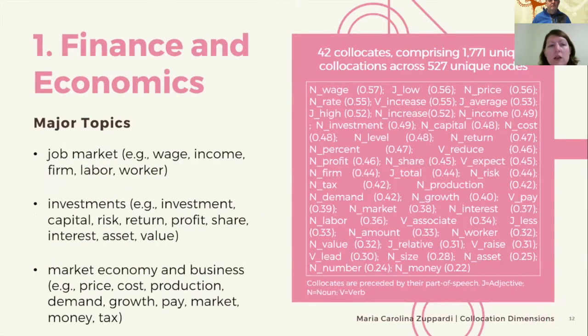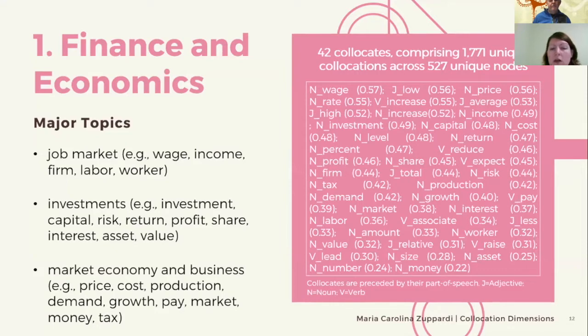And let's take a look. So finance and economics, major topics that we were able to identify were job market. So texts or topics about wage, income, workers, hiring, firing workers, investments. So anything related to finance and investments in that way.